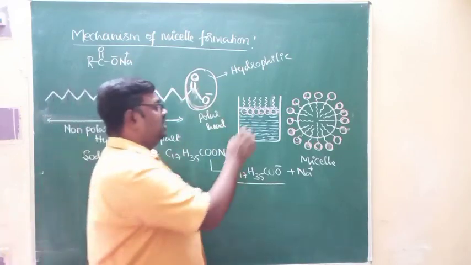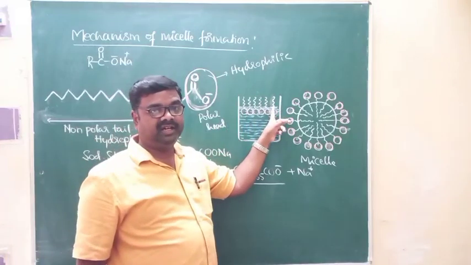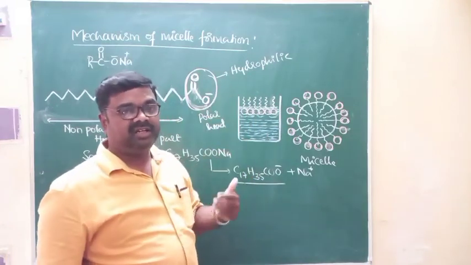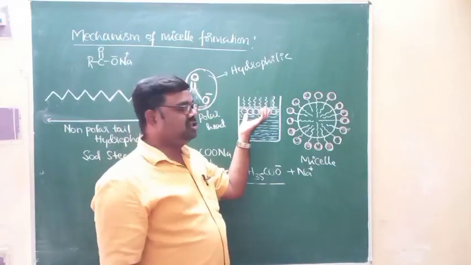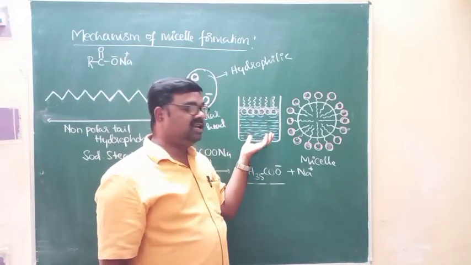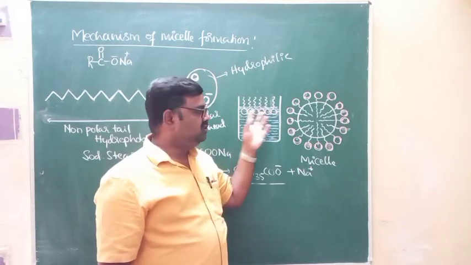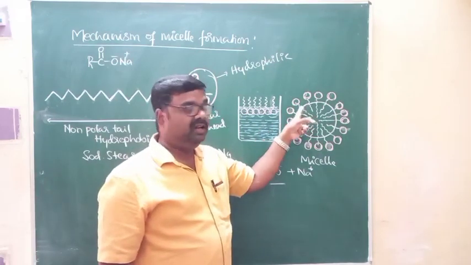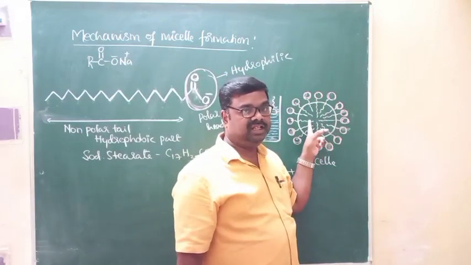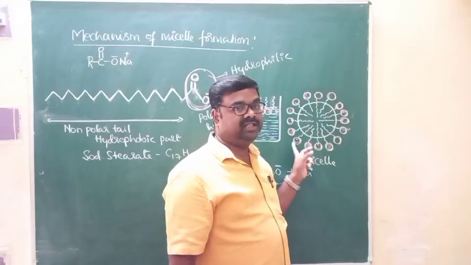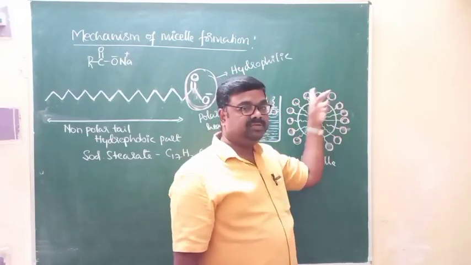And of course, at critical micelle concentration, as the concentration of soap molecules in the water increases, these soap molecules will be pulled into the bulk of the liquid, and that results in aggregation of soap molecules to form a spherical shaped particle with their non-polar tails pointing towards the center of the sphere, and the polar heads of the soap molecules pointing outward on the surface of the sphere.